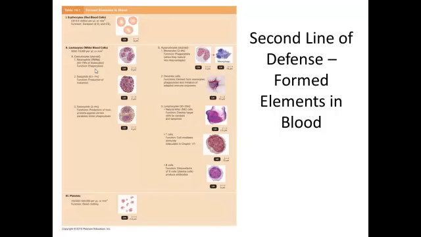Now, I also like to talk about NETs, neutrophil extracellular traps. They don't do this very often, but when things get really bad, when there's a whole lot of pathogens and they just can't eat them fast enough, what they do is they explode. They mix the contents of their granules into their chromosome, their DNA strands, and those DNA strands act like the strands of a net.